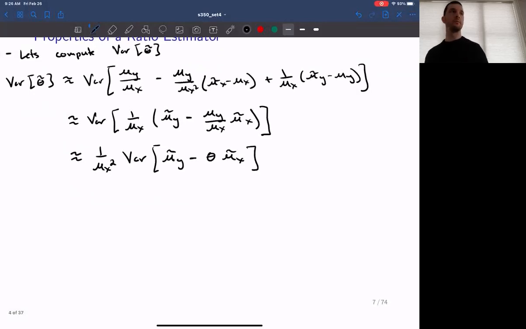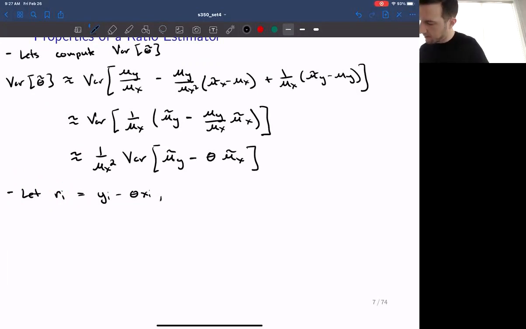Okay, so now what we're going to do is introduce a term that will essentially collect the information that's required to compute this variance operator. So we're going to write, let little ri equal yi minus theta xi.